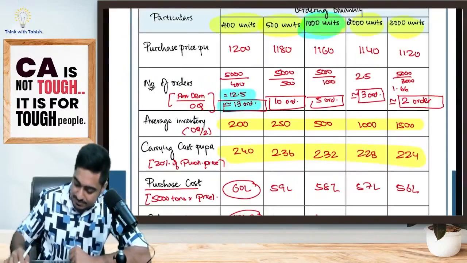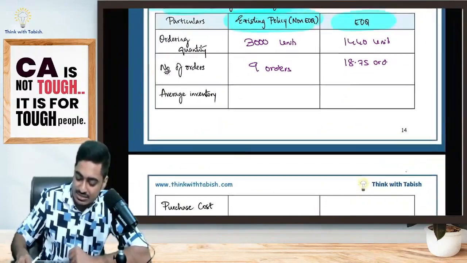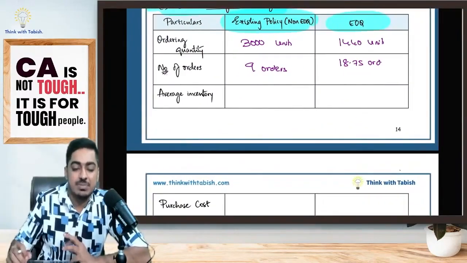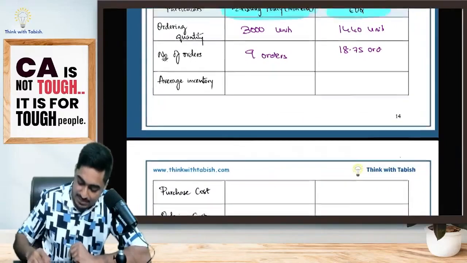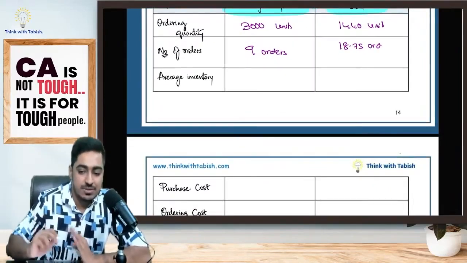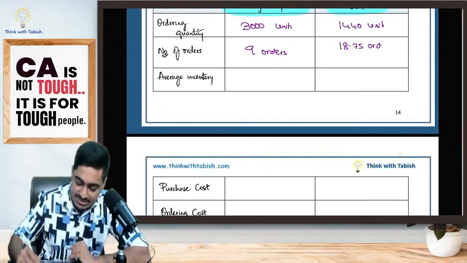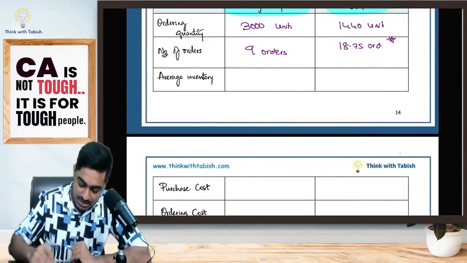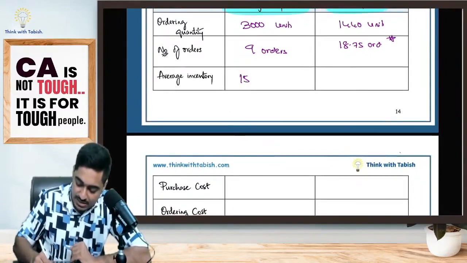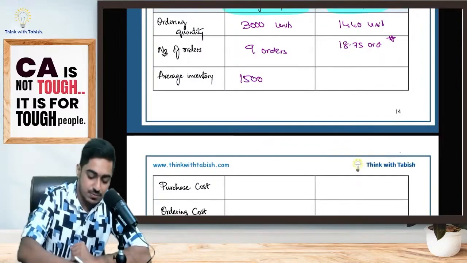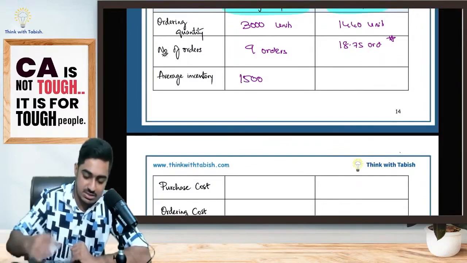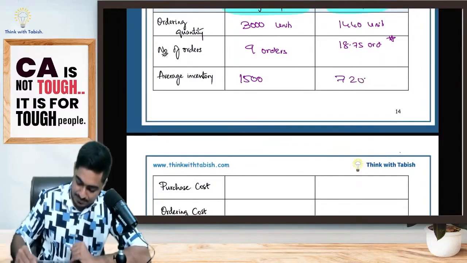Is this clear, everyone? Because here we are tallying item by item, it becomes my duty to tell. I'll keep it as 18.75 only here because I have to tally it with ICI's answer. Average inventory 3,000, if I'm buying 1,500, 1,440 means 720.